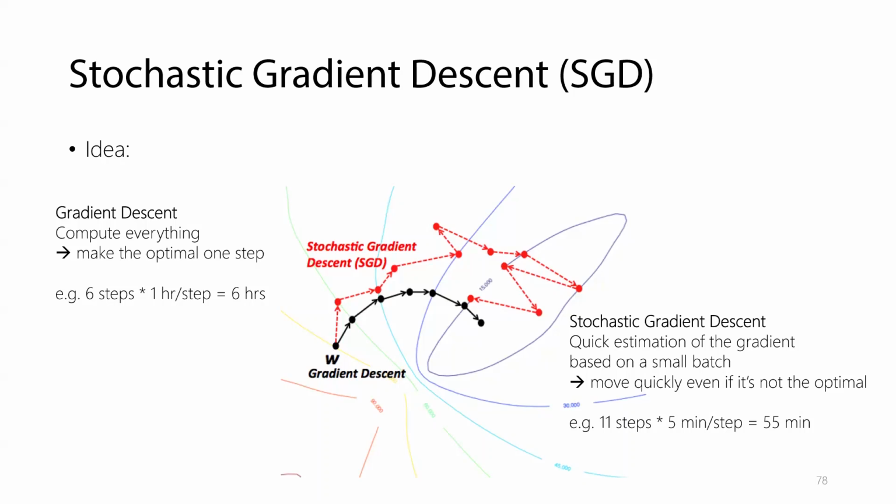So instead of trying to be pedantic and rigorous for everything, you could also consider doing something as follows. For each step, forget about computing the accurate loss and accurate gradient. Just take a sample out of a million images. So let's say take 10 samples, and using those 10 samples, compute the loss, right?